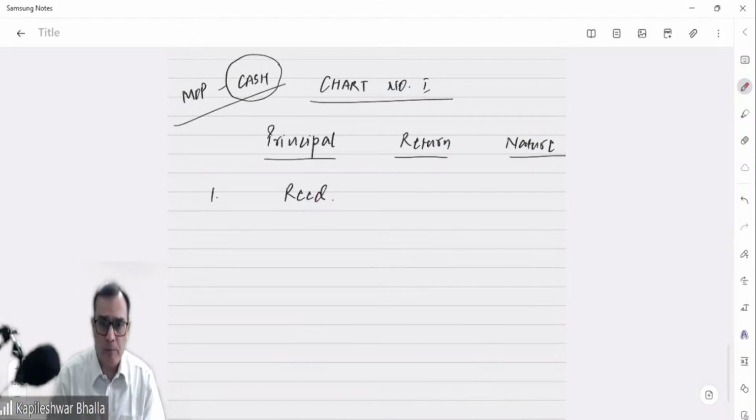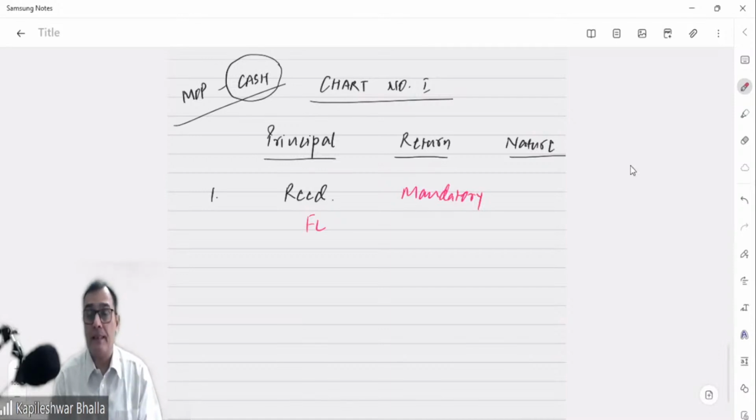So can I say that would make this component a financial liability? Similarly, if I look at the return, let me consider that there is an interest or a dividend which is going to be paid on a mandatory basis. The moment I say it's mandatory, there is an unavoidable obligation to pay the return as well. So this component will also become a financial liability.